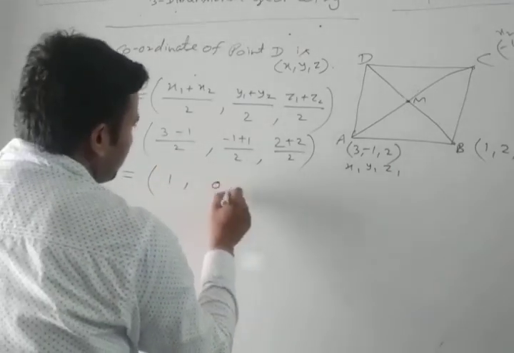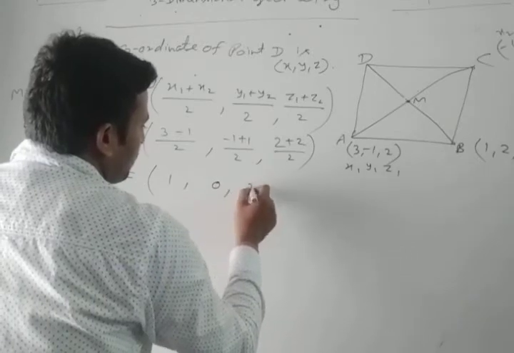This reduces to 2 by 2 which is 1, 0, and 4 by 2 which is 2.